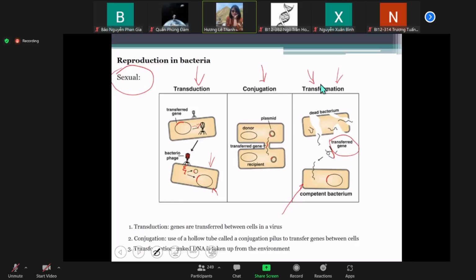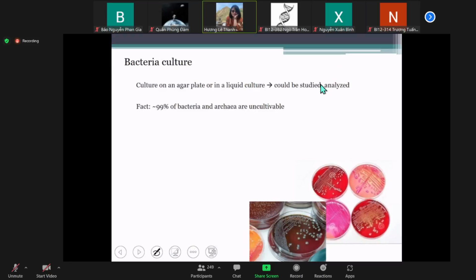So that's all about the structure of bacteria and how we can culture them. For bacterial cultures, we can culture on agar plates or in liquid cultures. And then we can study and analyze these bacteria. But up to now, 99% of bacteria and archaea are uncultivable.